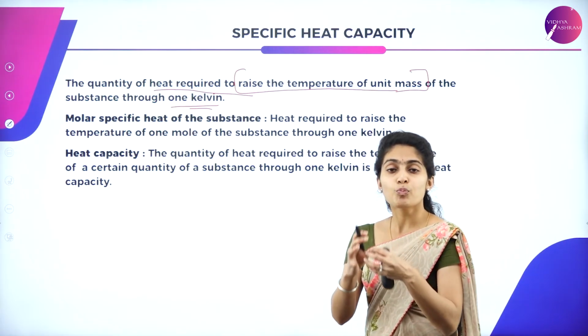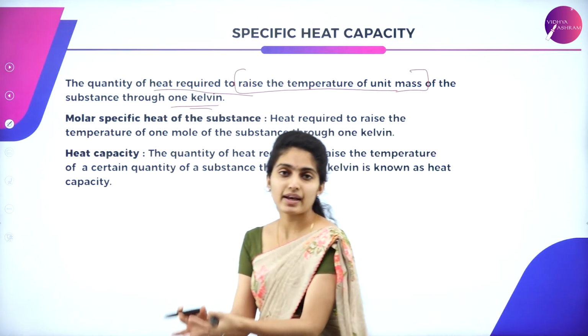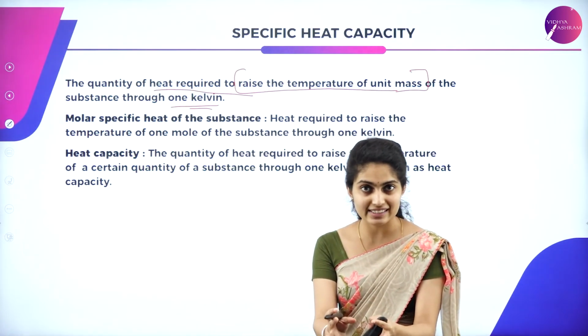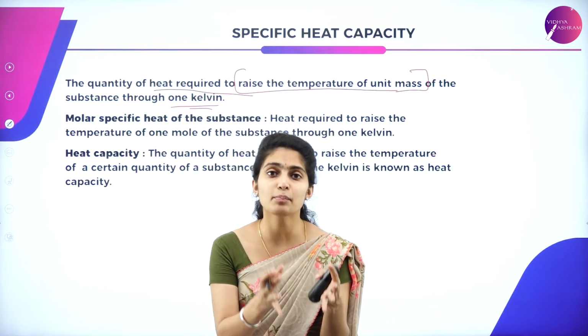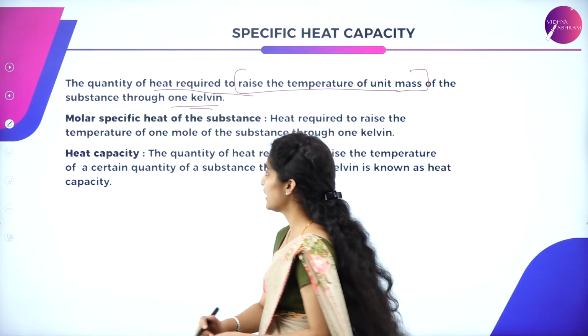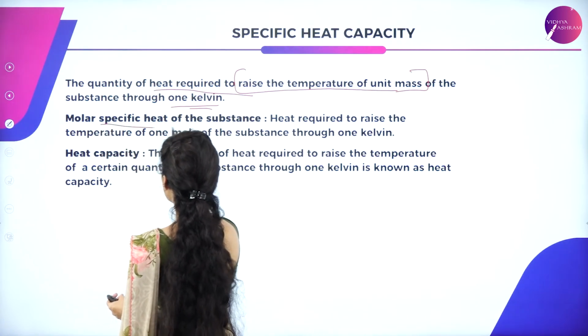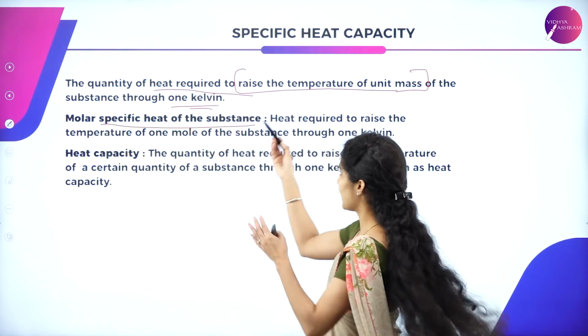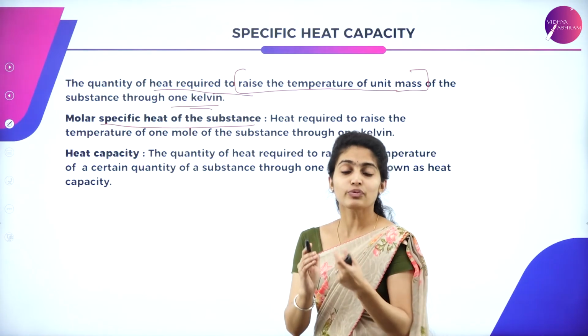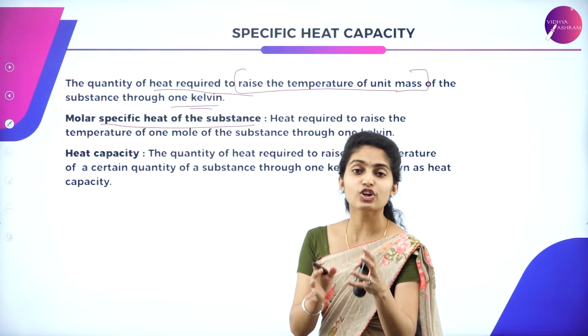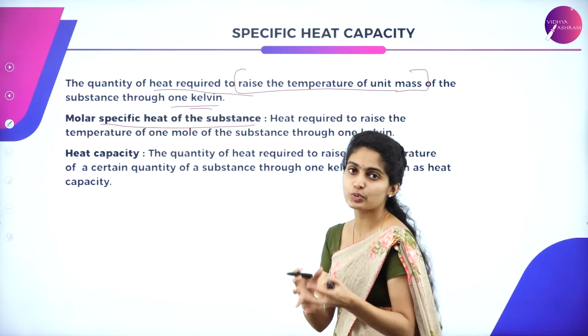Suppose you consider molar specific heat capacity. The definition is the same, but you're talking about molar specific heat now. So when it is molar specific heat, you're talking about the moles of a substance.